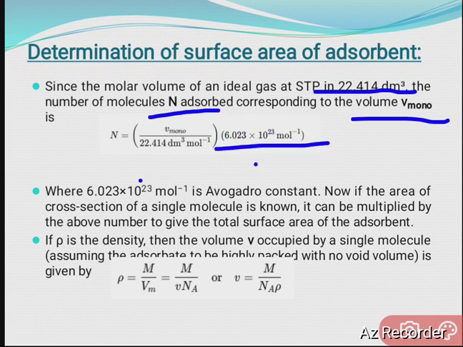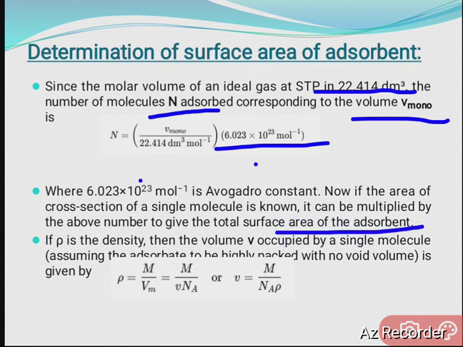And now if the area of cross section of a single molecule is known, it can be multiplied by the above number to give the total surface area of the adsorbent.